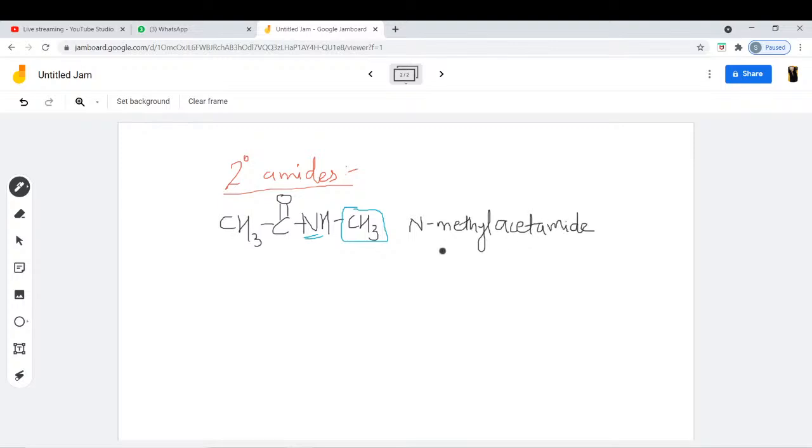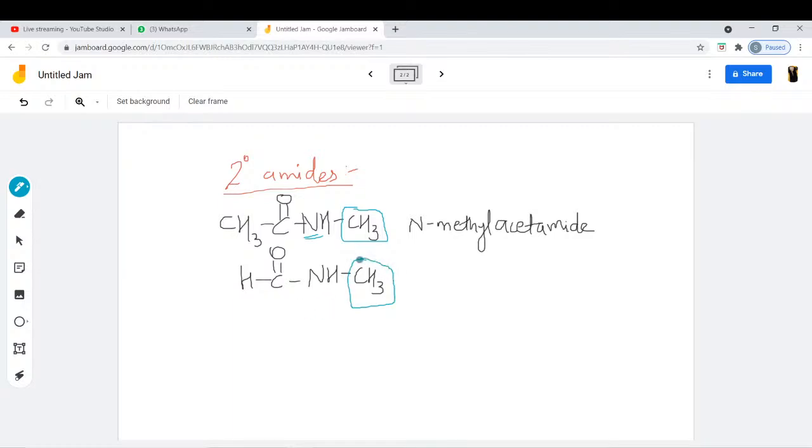If there is an HC double bond O, then NH, then CH3, here it is also the same.